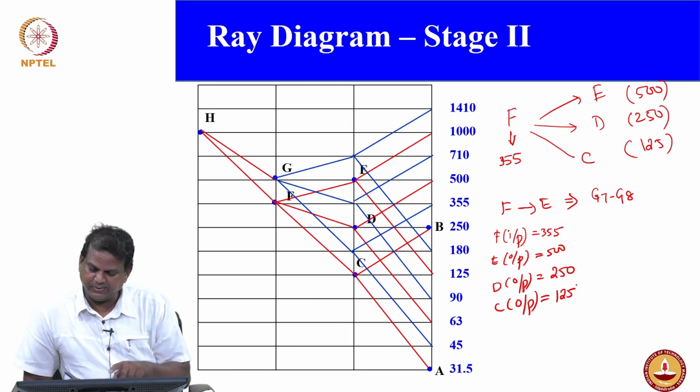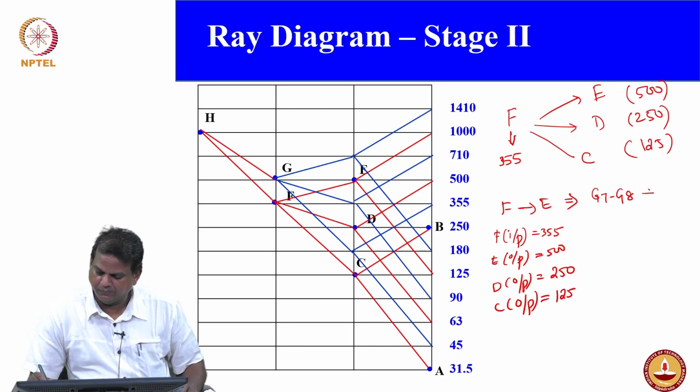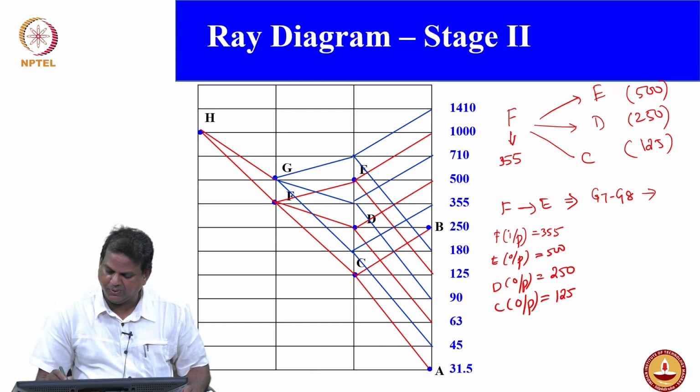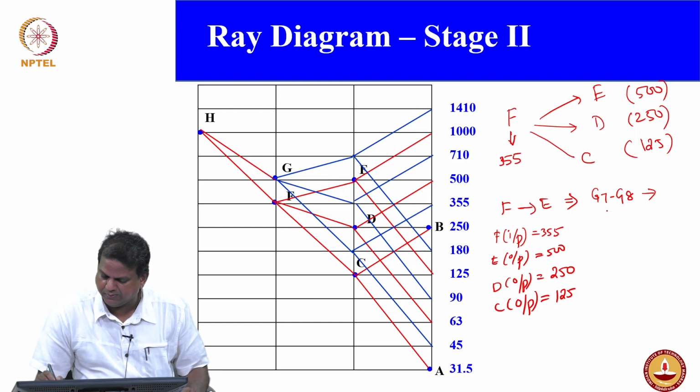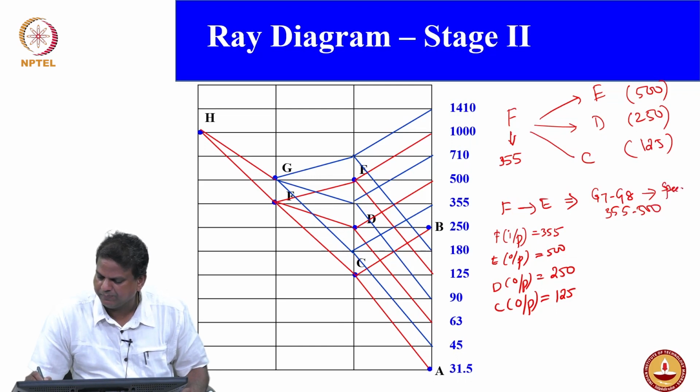So clearly the observation would be, we are going to speed up. It starts at 355 to 500. So this is speed up. That's the information we are observing.